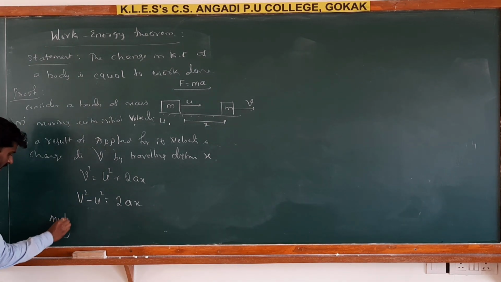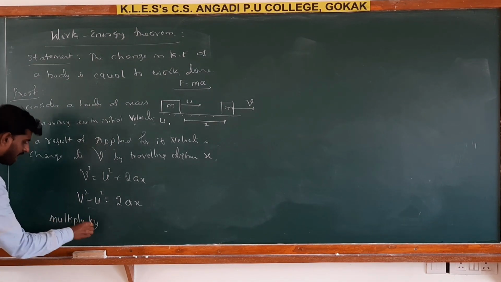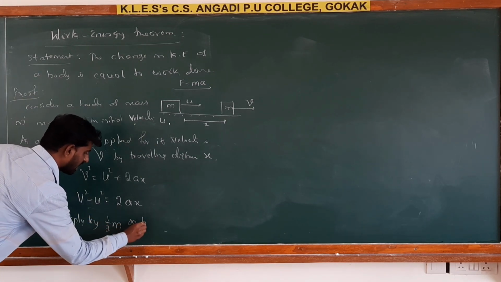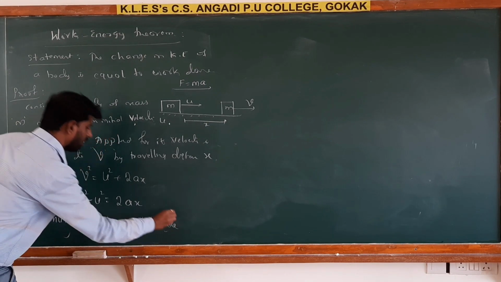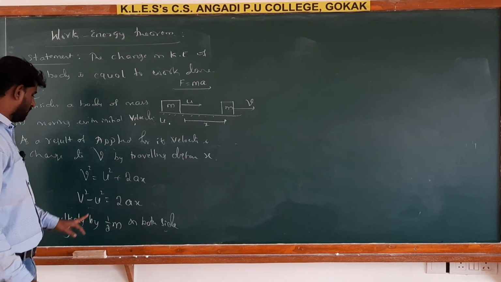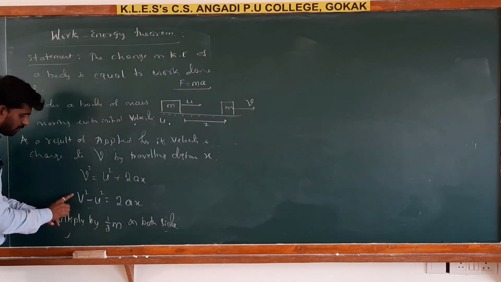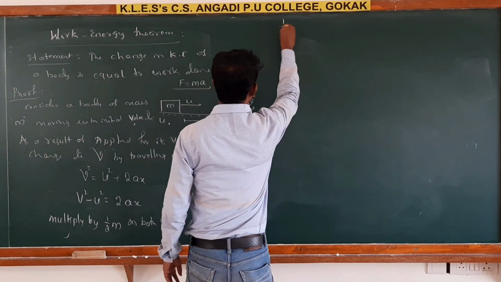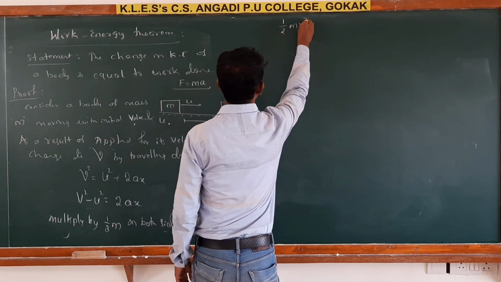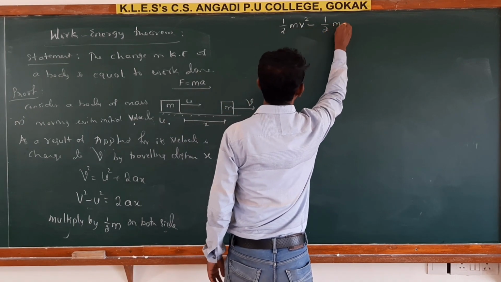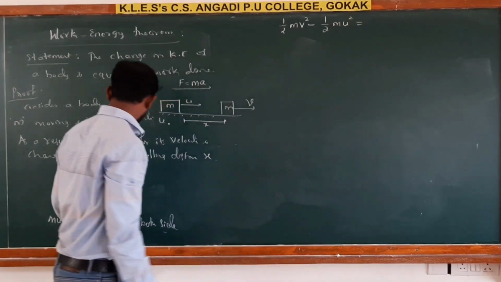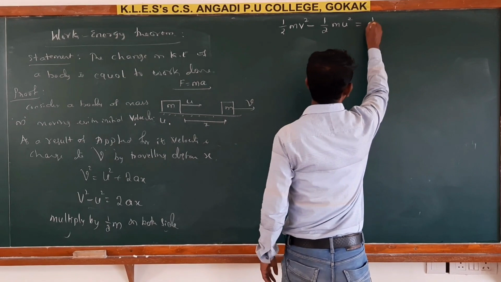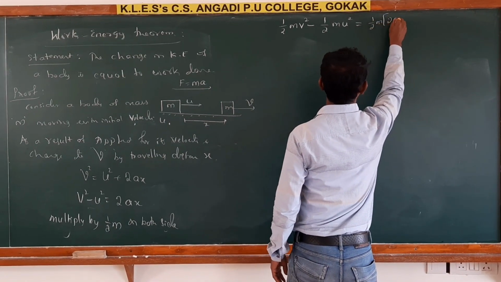Then multiply by 1 by 2m on both sides. So this becomes 1 by 2 m v square minus 1 by 2 m u square equals, here 1 by 2 and the 2 cancel, the remaining term is m into a into x.